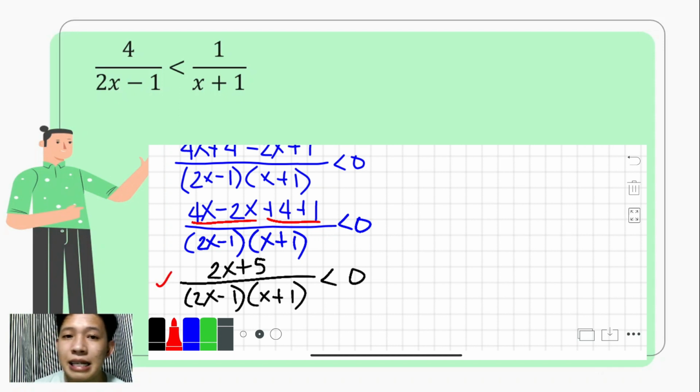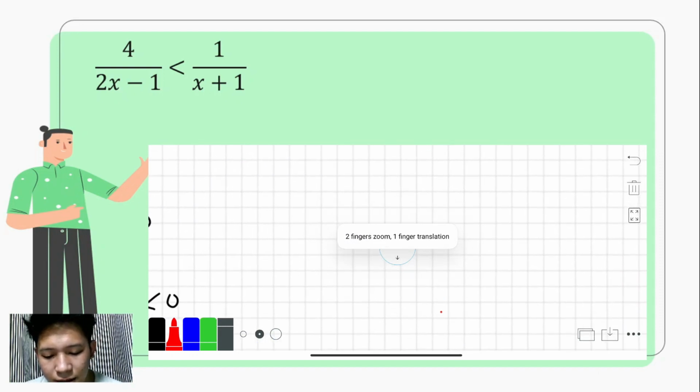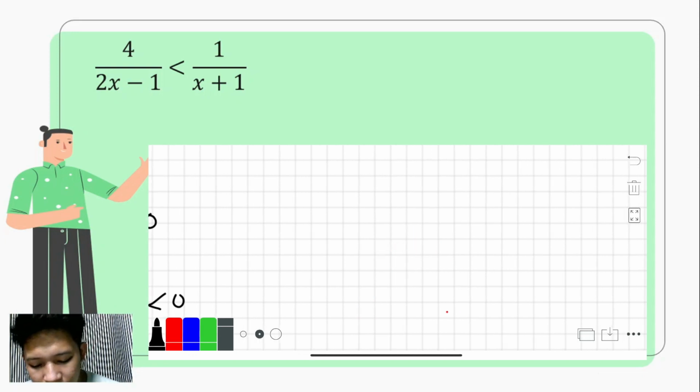So, how many critical values yung pwede nating makita dito? We actually have here 1, 2, and then we have here 3. Okay? So, yun po yung gagawa natin ng critical values. Okay, sulat ko lang, critical values.